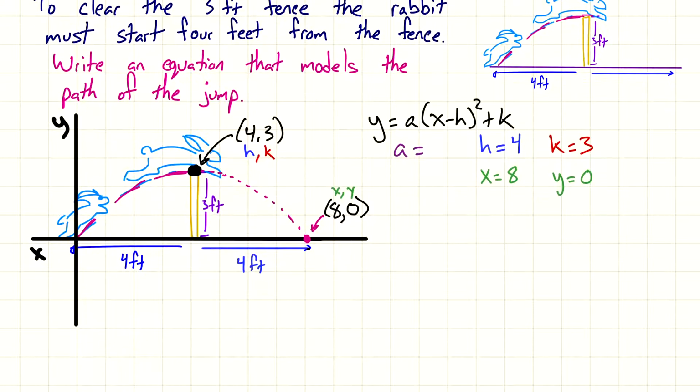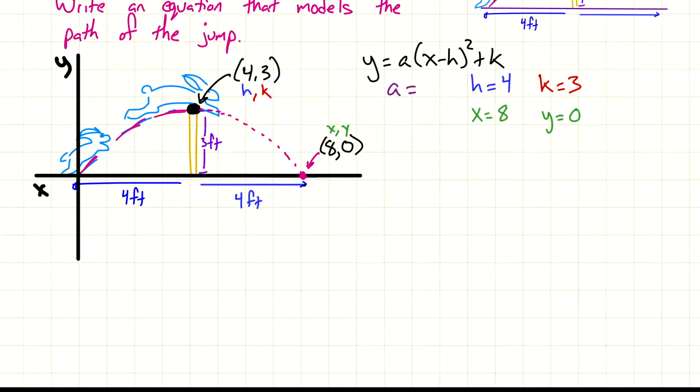All right, so let's do that. Let's start with our y. So y is equal to 0. So we're going to use 0 is equal to a, we don't know what a is. And we're going to have something like this.